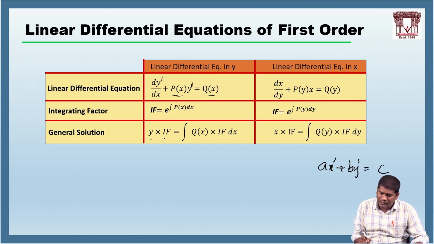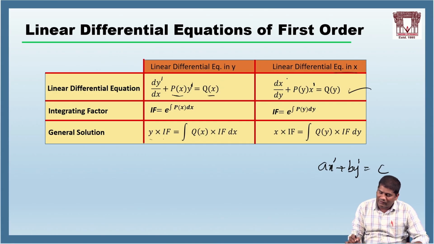y into integrating factor is equal to integral of the right hand side function q of x into integrating factor into dx. Just interchange the variables, x replaced by y and y replaced by x, then we get the linear differential equation in x, that is dx by dy plus p of y into x is equal to q of y.